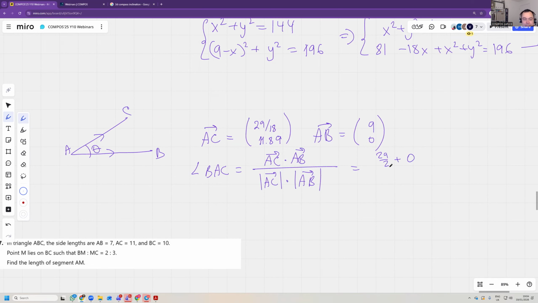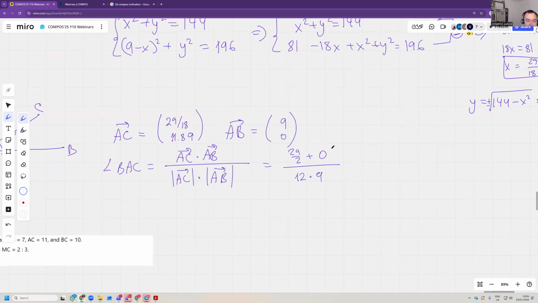Oh, lovely. And divided by the product of these. So that's 12 multiplied by AB, 9. Okay, so that's 29 divided by 12 times 18, which is 216.